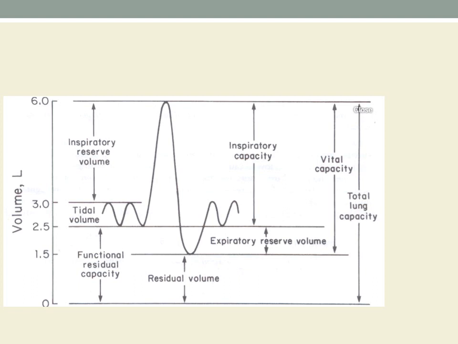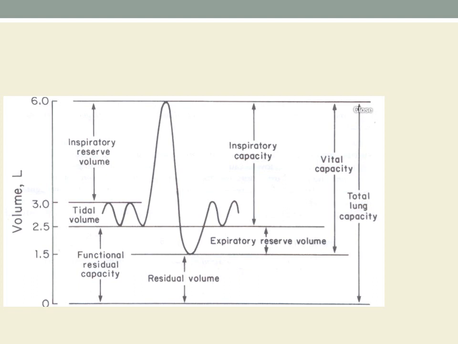Tidal volume is the breathing we do when we are resting, breathing in and out. Functional residual capacity is what's remaining in the lung at normal. The vital capacity is when we breathe in and empty out our lungs as much as we can. What's left in the lung is called residual volume, and this is the expiratory reserve volume.